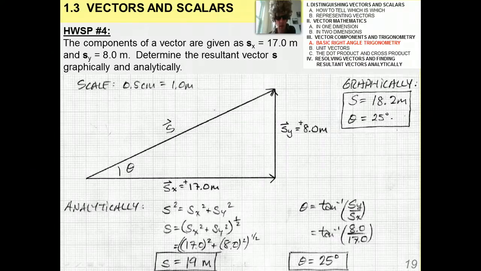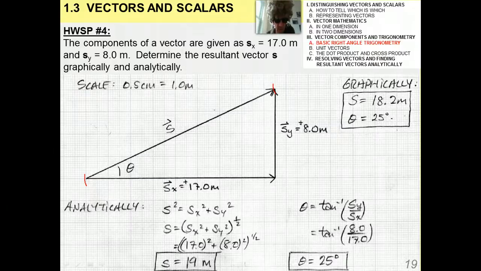Okay, so graphically, when I say graphically, it means just draw it, and then you can just use a ruler to estimate what the length is. I got about 18.2 meters using the scale, and I used a protractor, and I got about 25 degrees. Now I was really careful about drawing them. Now, analytically, let's do it. Since you're given the opposite side and the adjacent side, and you need to find the hypotenuse, just use the Pythagorean theorem.